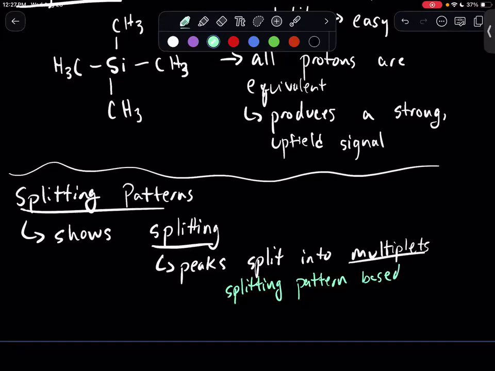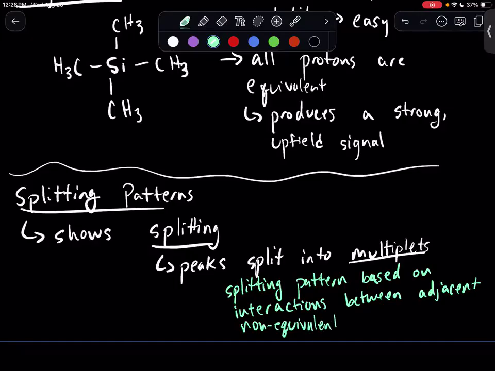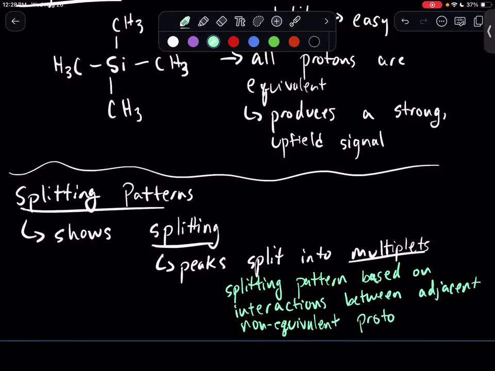based on interaction between adjacent non-equivalent protons.